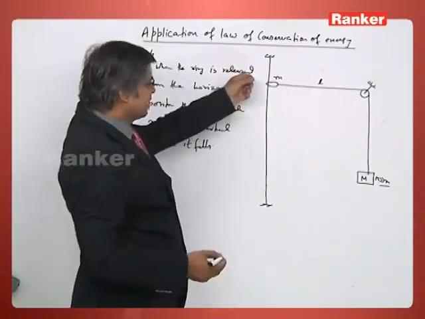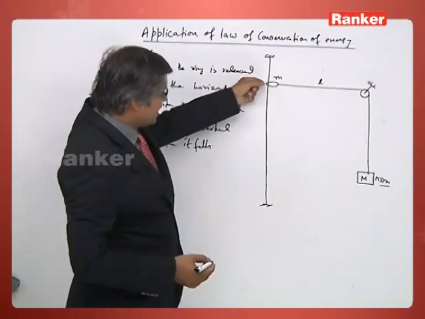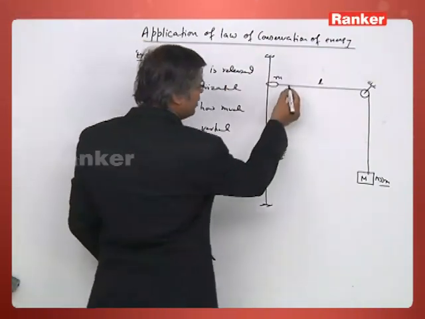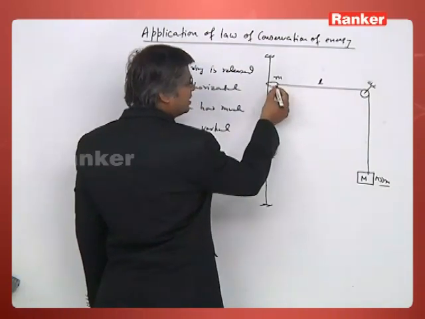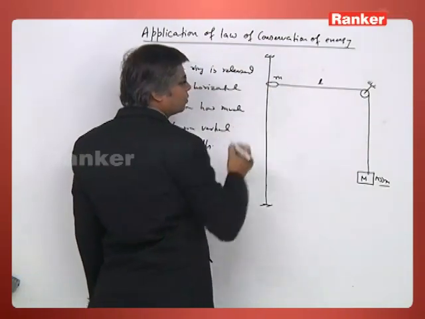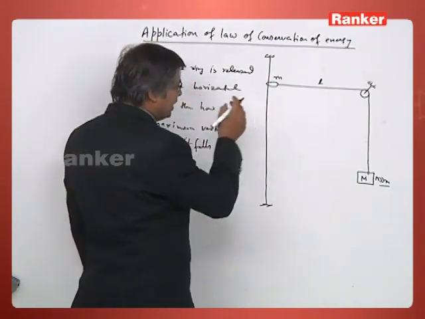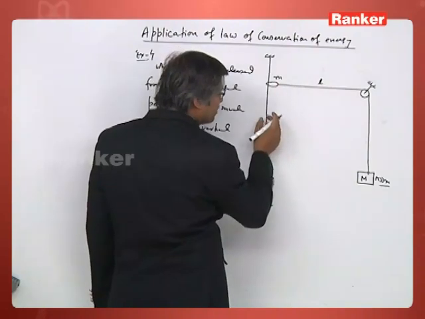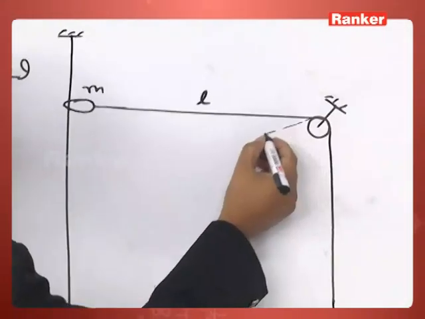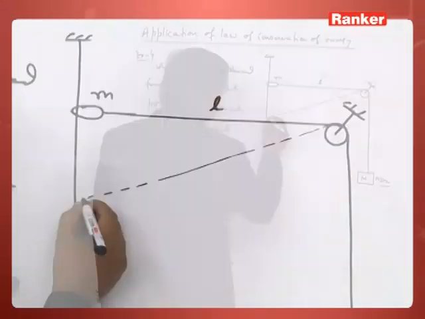Now let us discuss the motion. So when I release it, you see here we have a tension T and here is a reaction which balances tension. So there is no force to balance mg. So even if this is small mass and this is heavy mass, it has to come down. So it will come down to this position.